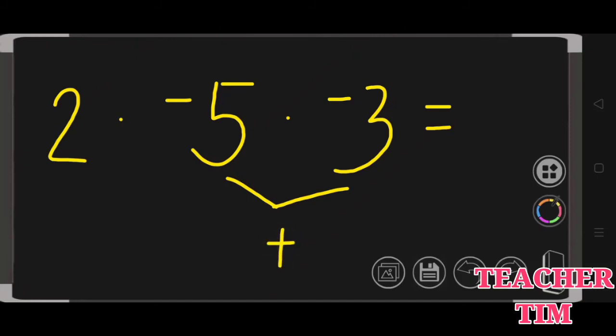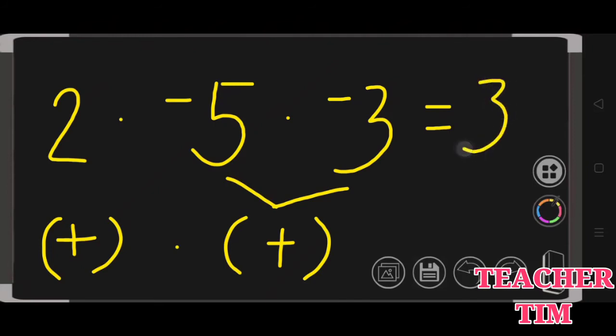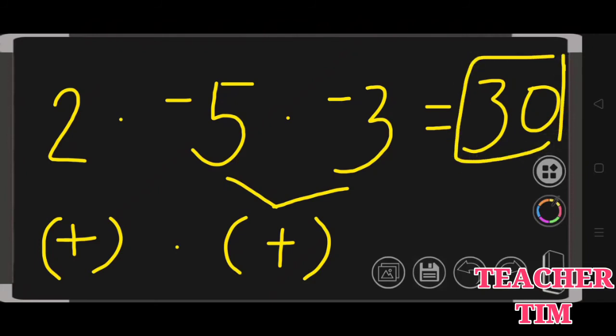Again, when you multiply the 2 numbers with same signs, that is positive. And then the sign of 2 is positive. So you're going to multiply a positive number times another positive number. So what's the result? Of course, it's positive. So you just multiply 2 by 5, which is 10, and 10 times 3, that is 30. So the sign is positive 30.